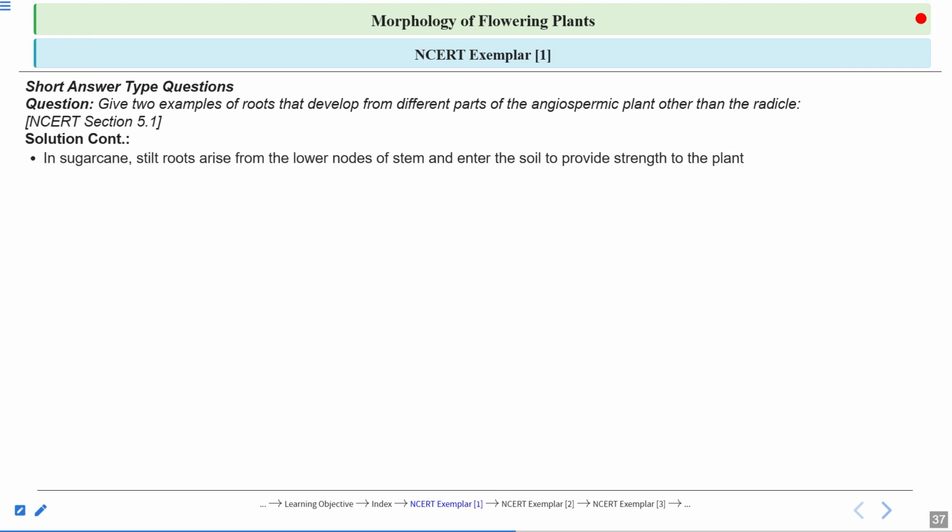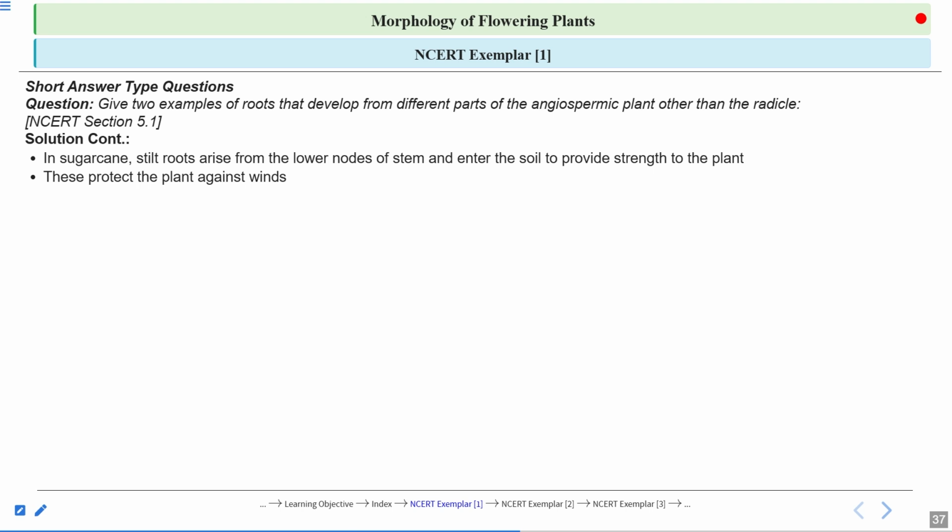So in sugarcane, the stilt root arises from the lower nodes of the stem and enters the soil to provide strength to the plant, right? This is one example, sugarcane, where we see the stilt root, with roots emerging from the lower nodal region, okay? Lower nodal region, not the upper one.